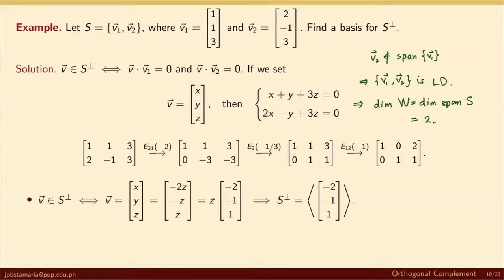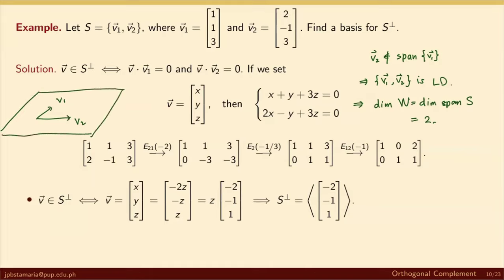So the span of S is basically a flat plane. You can imagine, let's say this is (1, 1, 3), this is just an example. This is not drawn to scale. Now these two vectors will generate an entire plane. You can imagine it like that. Let's fix the drawing a bit.